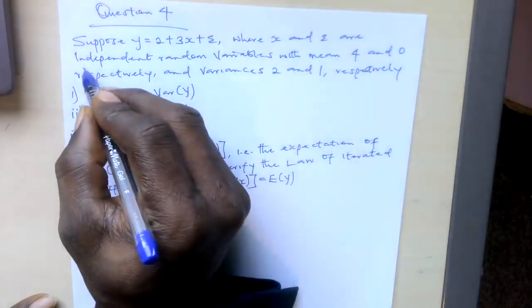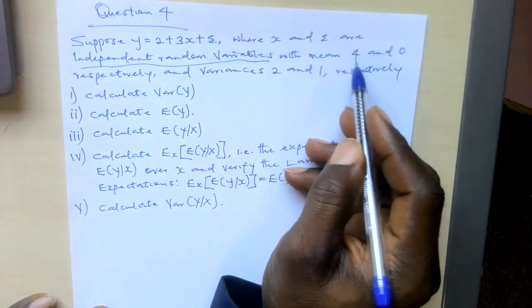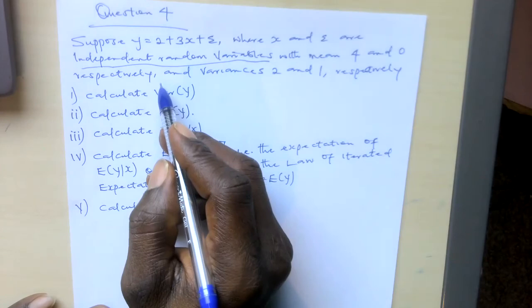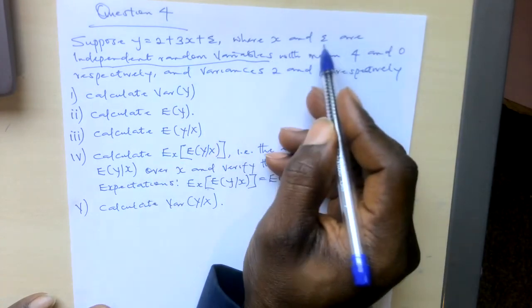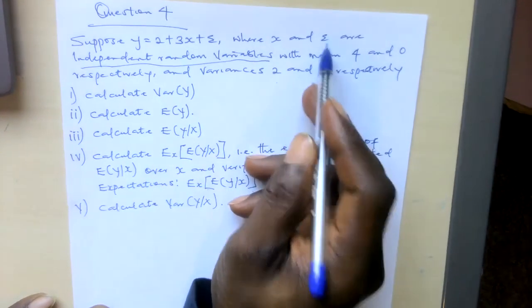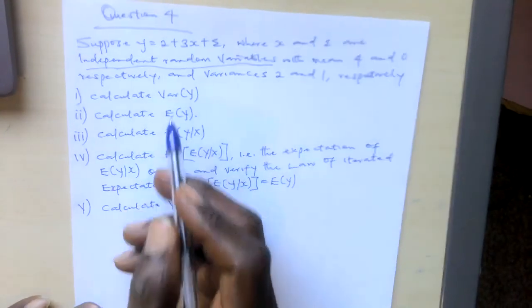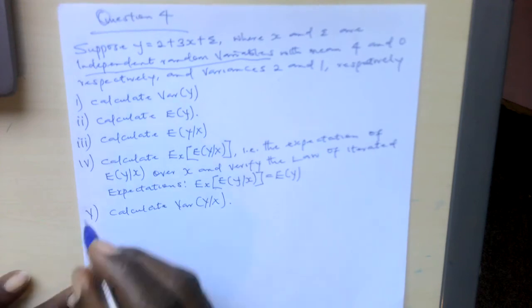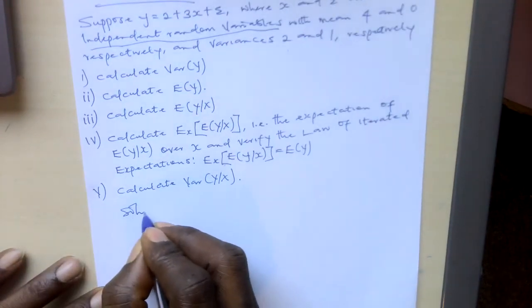This is important here, independent random variables, with means 4 and 0 respectively. That's the mean of x is 4, the mean of error is 0, and the variance of x is 2, variance of error is 1 respectively. Calculate variance of y.